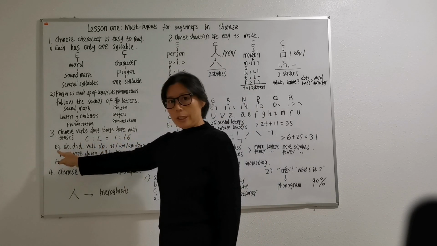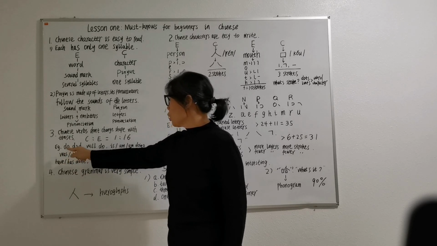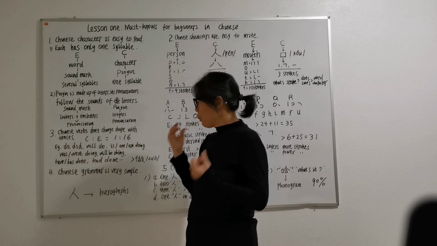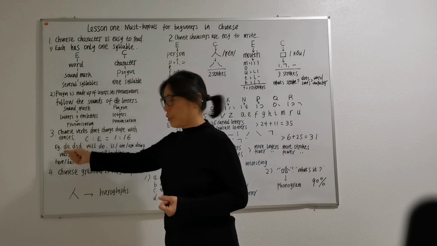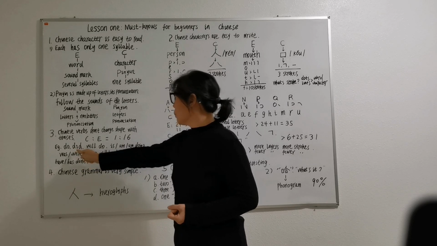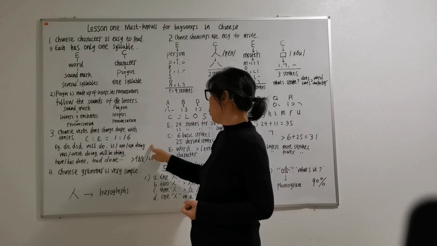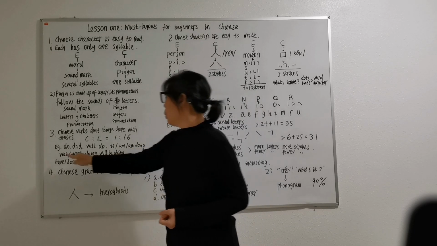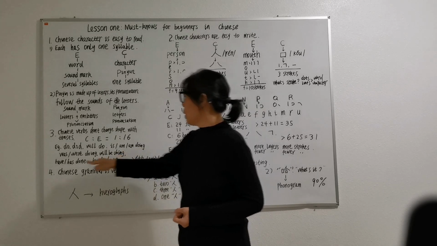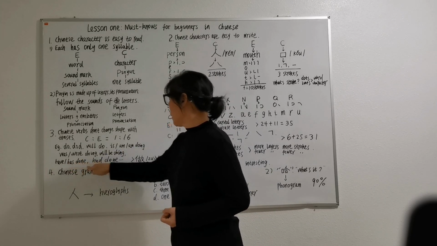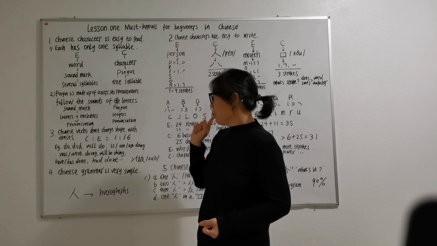Example: the English verb "do" has 16 deformations with tenses, like did, will do, is doing, am doing, are doing, were doing, will be doing, have done, has done, had done, and so on.